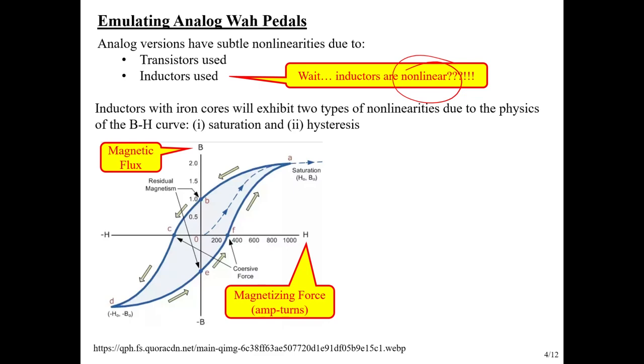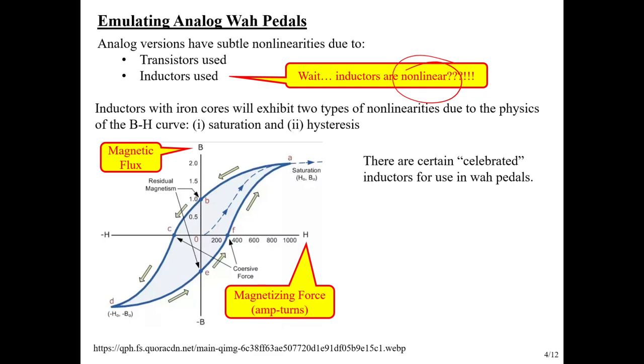And wah-wah pedals, by the nature of their invention, were originally built with inductors. You can go to the Electrosmash website to see the circuit and learn more about it. I didn't spend any time on that here.